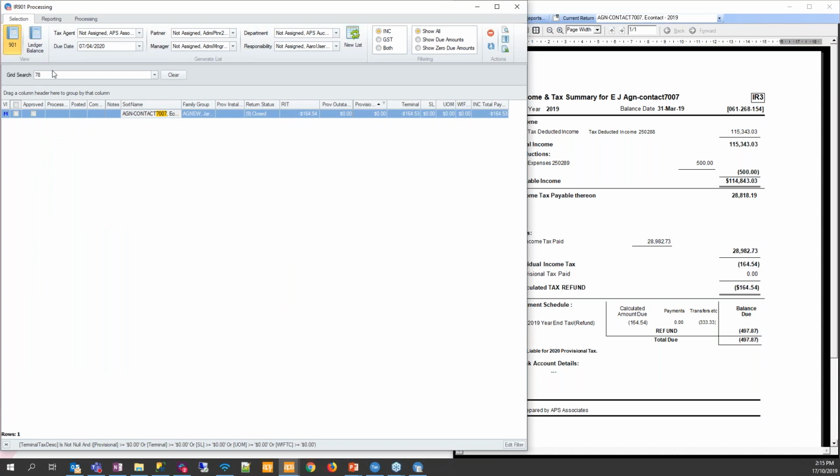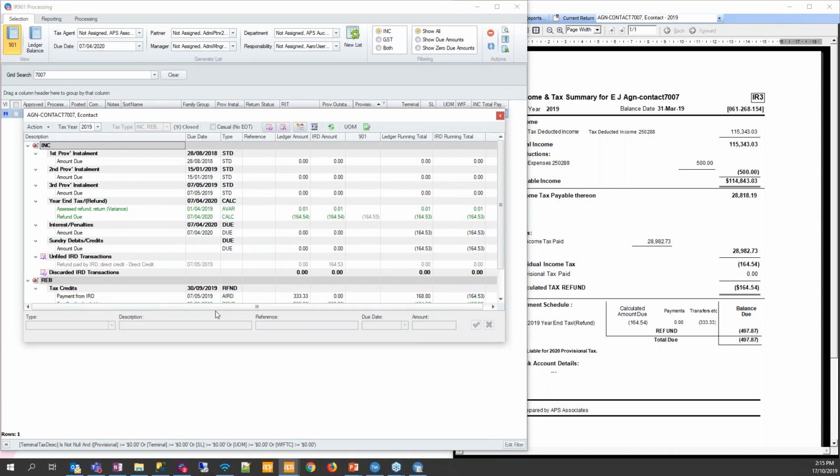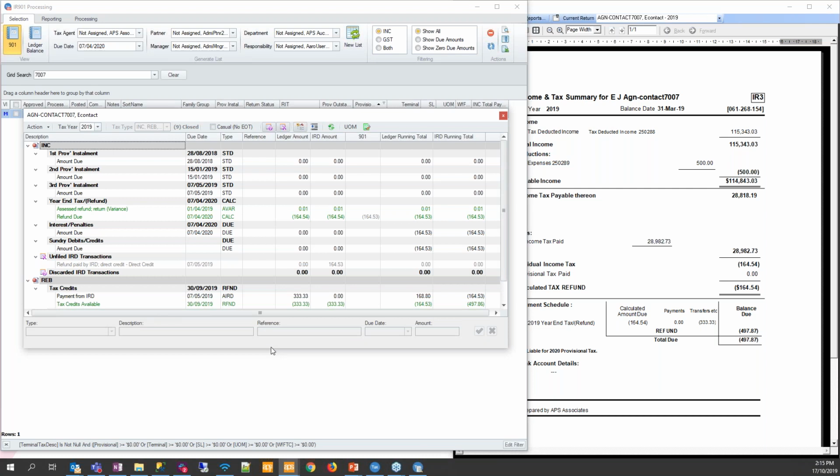So just backing up with that one, Nigel. Sure. So what was happening originally, if I'm right, is that there were two scenarios with the IR526s. One was where it was being refunded to the client, so it shouldn't have come anywhere near the income tax account, but it was appearing in the tax summary, and that's been corrected.